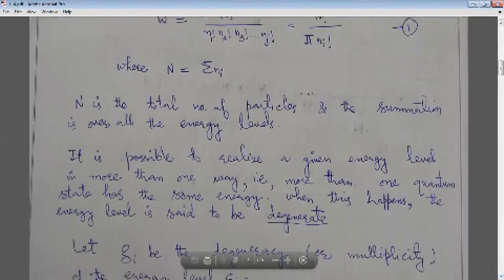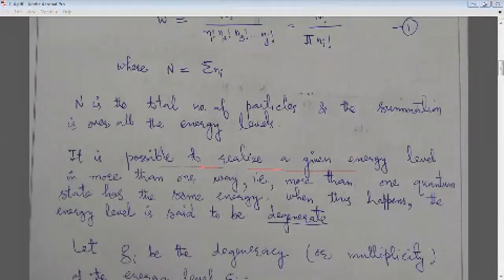Now, it is possible to realize a given energy level in more than one way. That means a particular energy level can have, suppose, 3 particles of one type, and in the next 3 more particles of a second type, and so on.